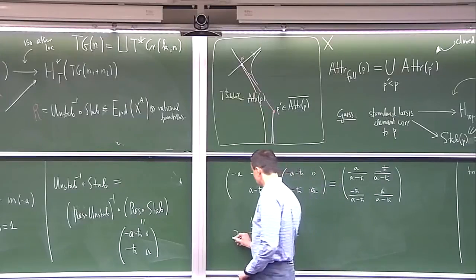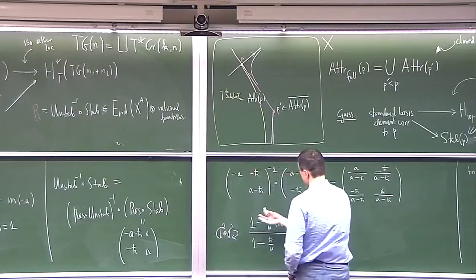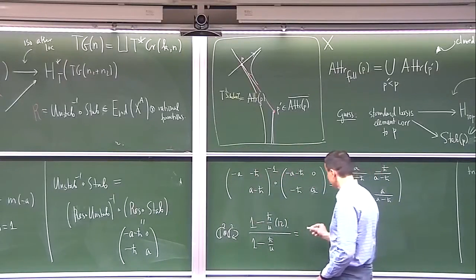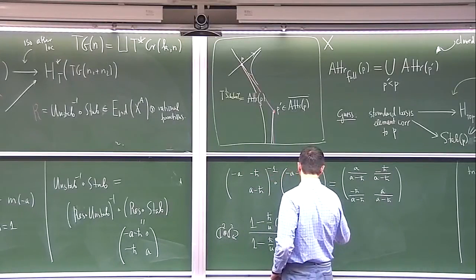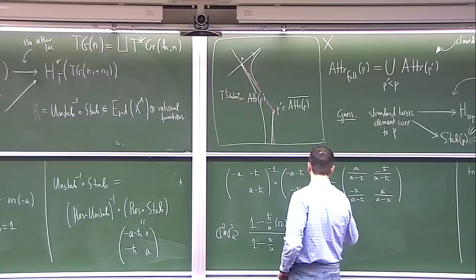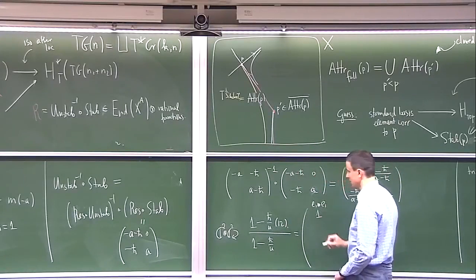And so this is acting, so this guy acting on C2 cross C2. So this C2 cross C2 has 4 eigenvectors. So there is E1 cross E1. This is an invariant, so on this it will be 1.